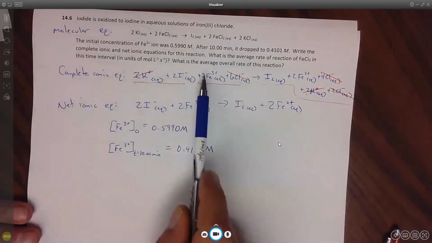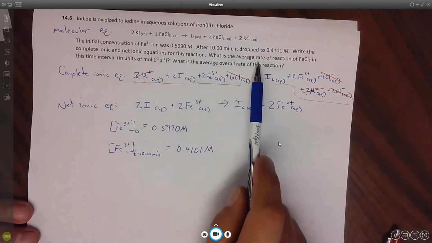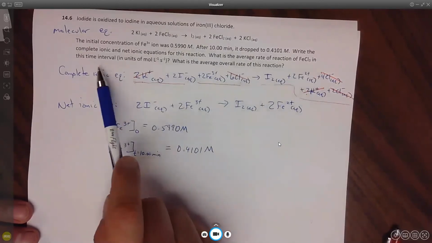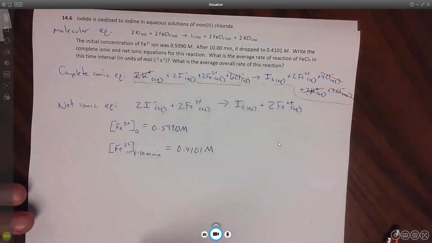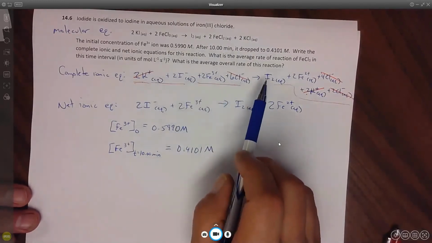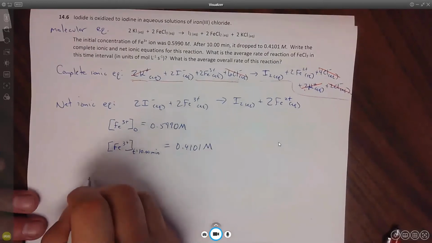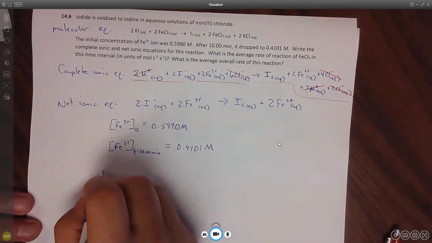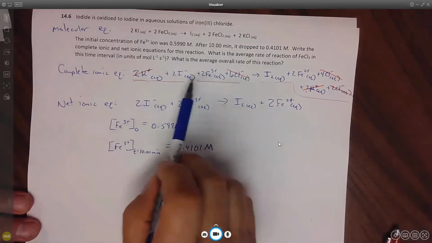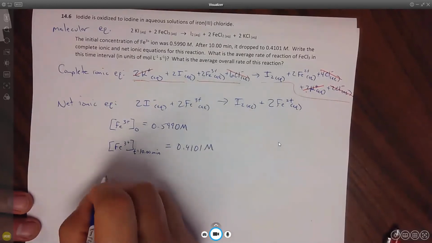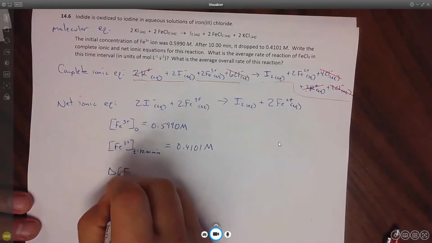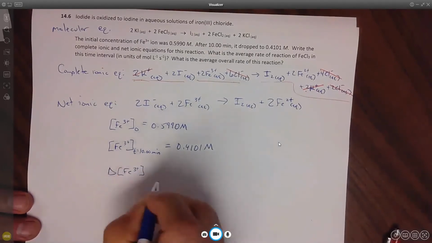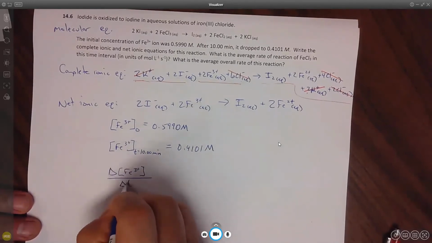Okay. Then it says, what is the average rate of reaction of iron 3 in this time interval? Well, we know the average rate, so first off, iron 3 is a reactant, right? So the change in concentration of iron 3 is going to be negative.